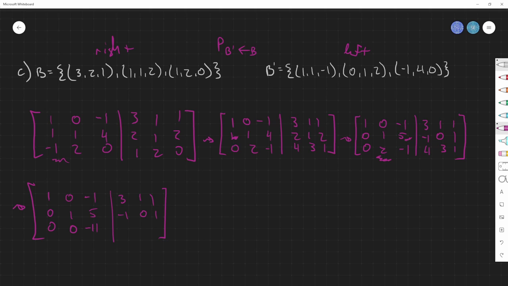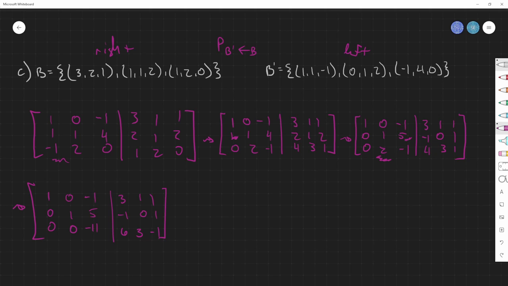Then this would be negative 1 times 2. Oh, negative 2, whoops, and that'll be 2. So 2 plus 4 is 6. We've got a 0, so this will remain the same. And this would be negative 2 times 1, which would be negative 2, plus 1 would be negative 1.